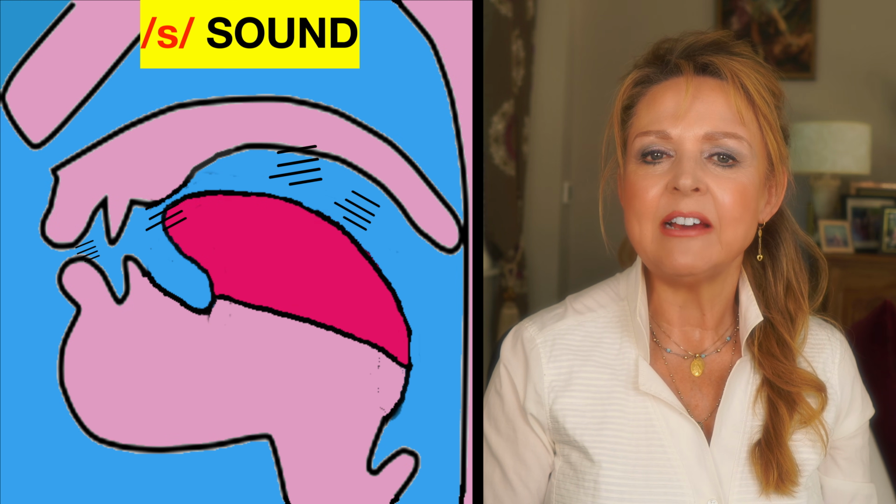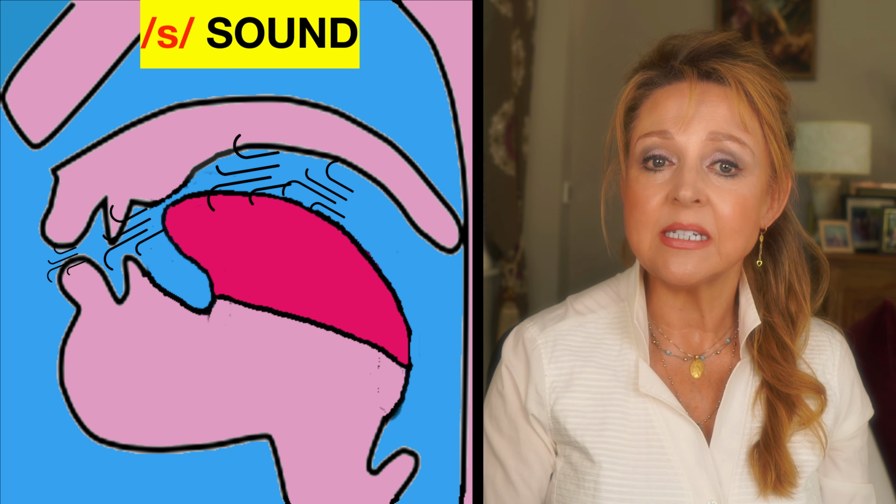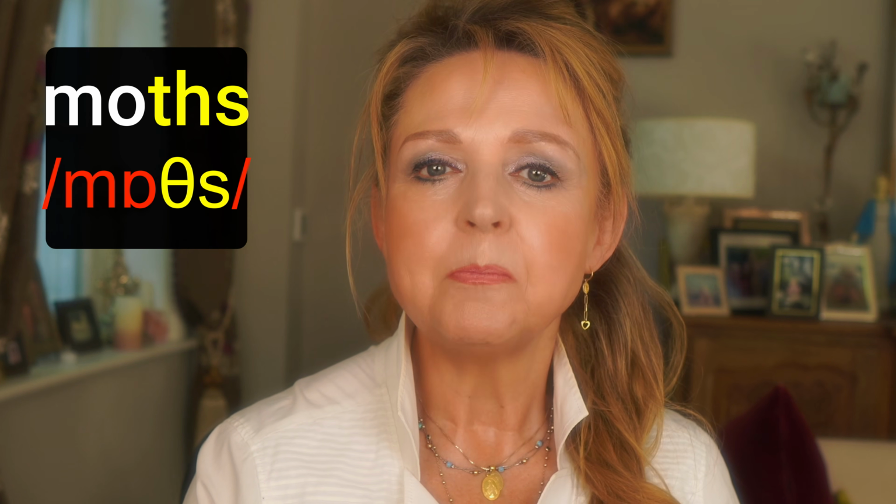Then release the air fully for the s sound by quickly moving the tip of your tongue upwards, making sure you anchor your tongue to the teeth at the sides. This makes the airflow stronger and more channeled. Say th, th. Now say moths, moths.